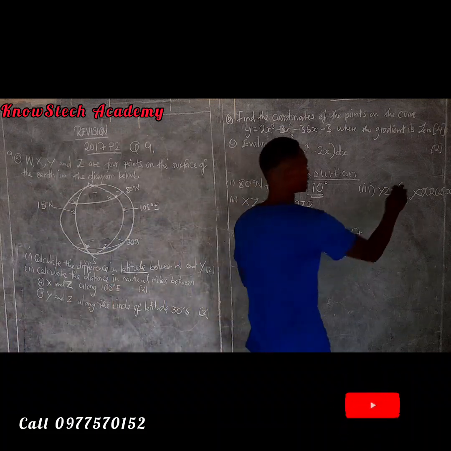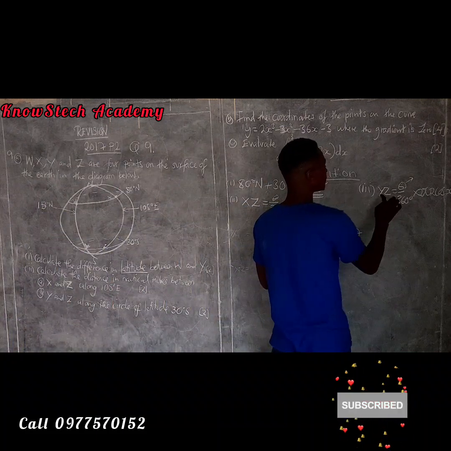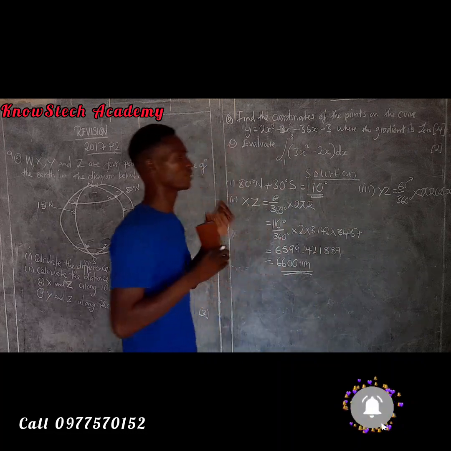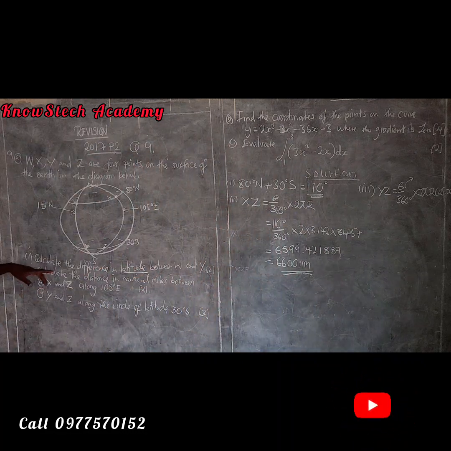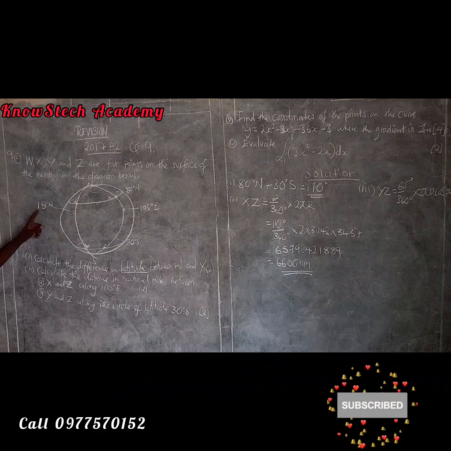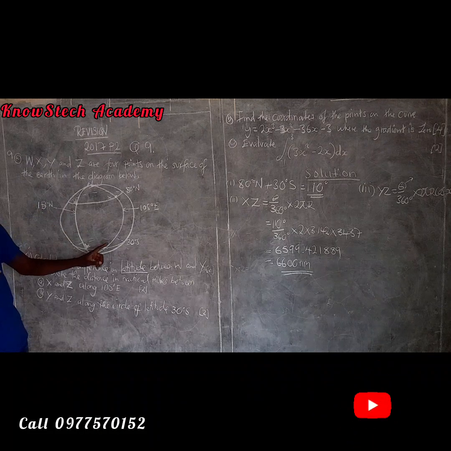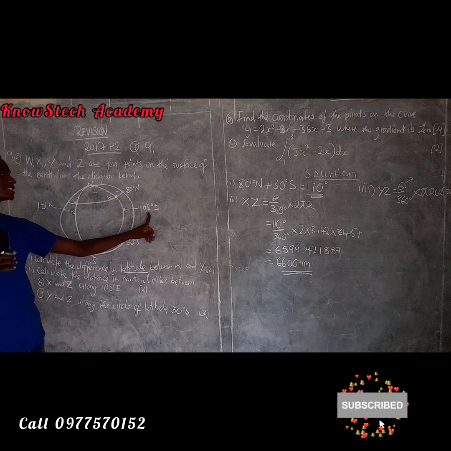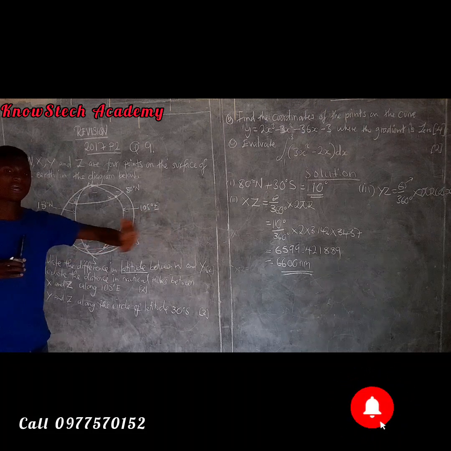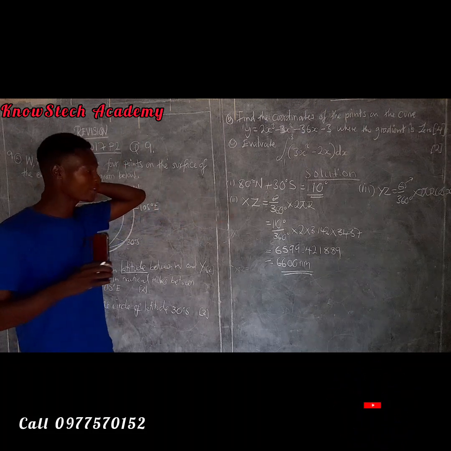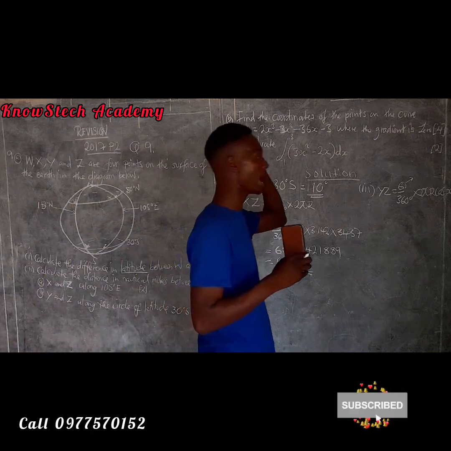So, the difference in longitude between Y and Z: Y is on longitude 15 degrees west. Z is on longitude 105 degrees east. The fact that one is in the eastern hemisphere and the other in the western hemisphere means we add.